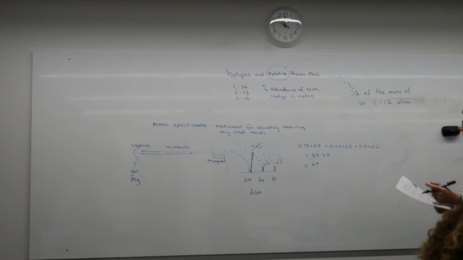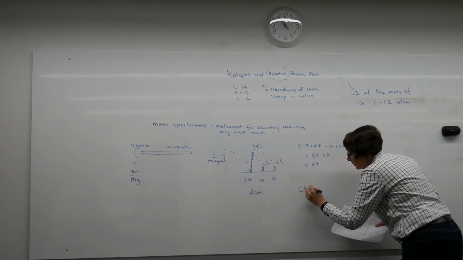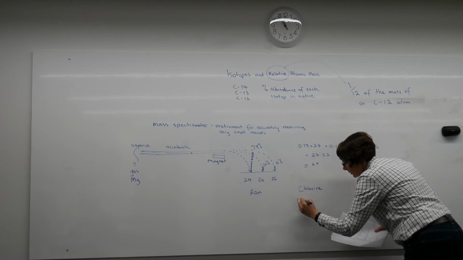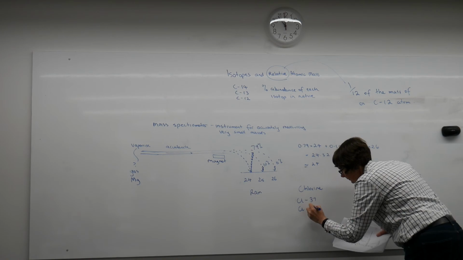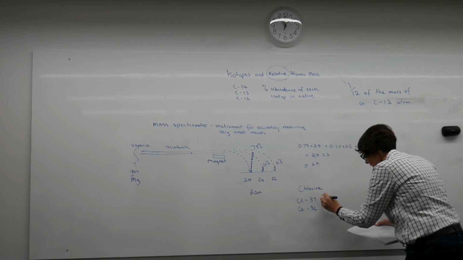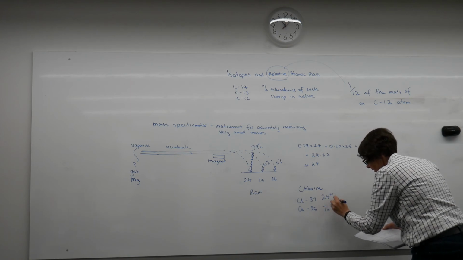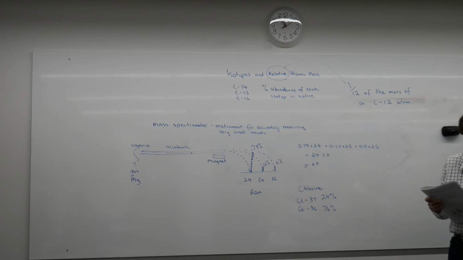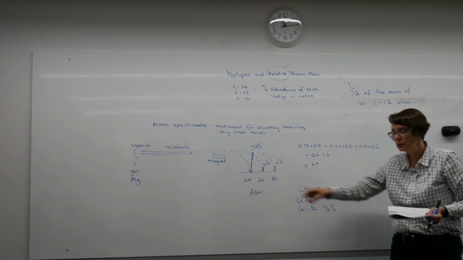And we're told that, so if we have chlorine, we have chlorine 37 and chlorine 35. 37, it's about 24%, and chlorine 35 is about 76%, according to how they're found in nature by doing this to it.